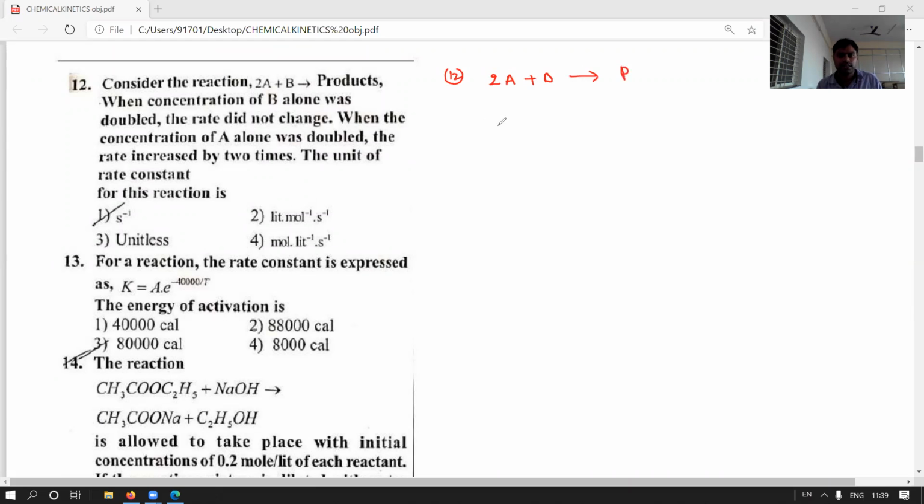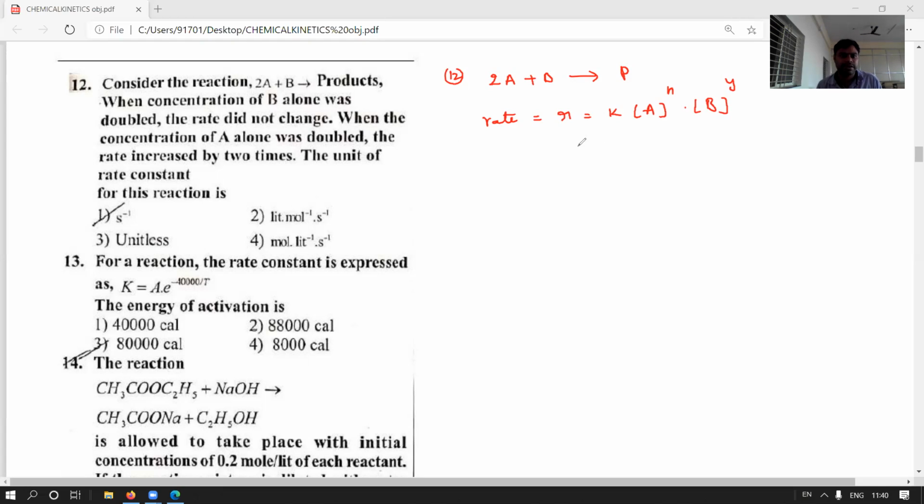For this reaction, rate R is equal to K into the concentration of A, because the order is determined experimentally only from the rate equation or rate law, which means what is the power on A, let it be n, and on B, let it be y. Like that we derive the rate expression or rate law.